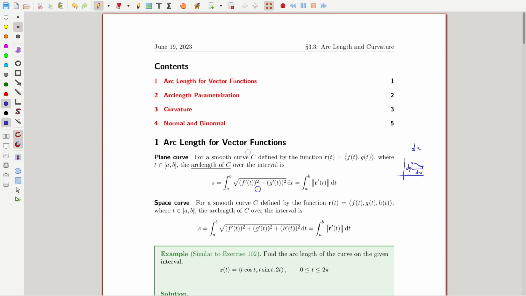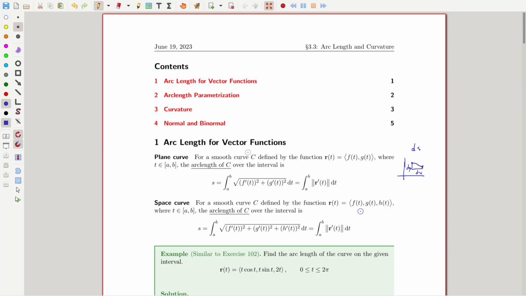And then another thing you can notice is that this expression inside is actually the magnitude of the derivative of this vector function. Now that we've introduced the notions of the derivative of a vector function and magnitude, you can see that these quantities are identical. And then what we can do is lift this up a dimension.